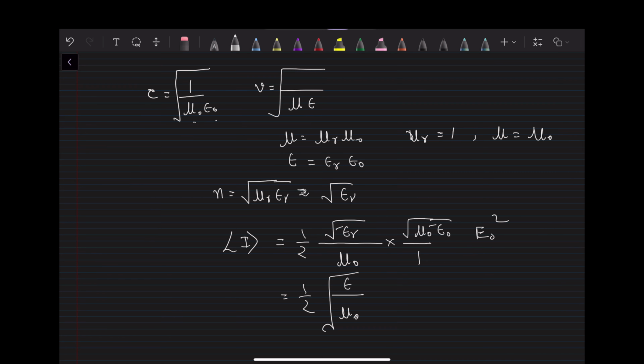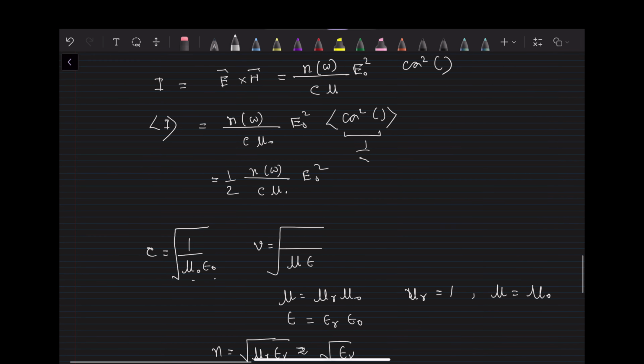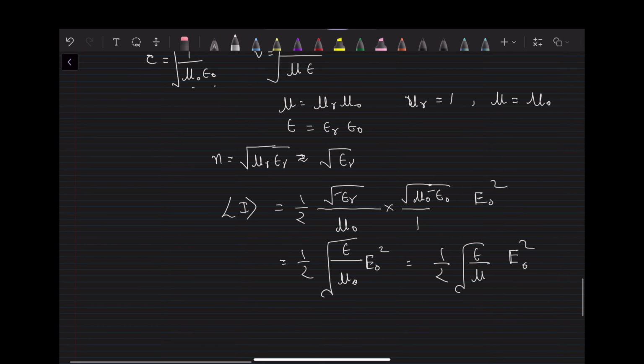And mu naught and mu are actually the same, so we can write it as epsilon by mu as well, anything is fine. This is also equal to epsilon by mu. Did we leave any terms? No, that's fine. So that's the expression for intensity.